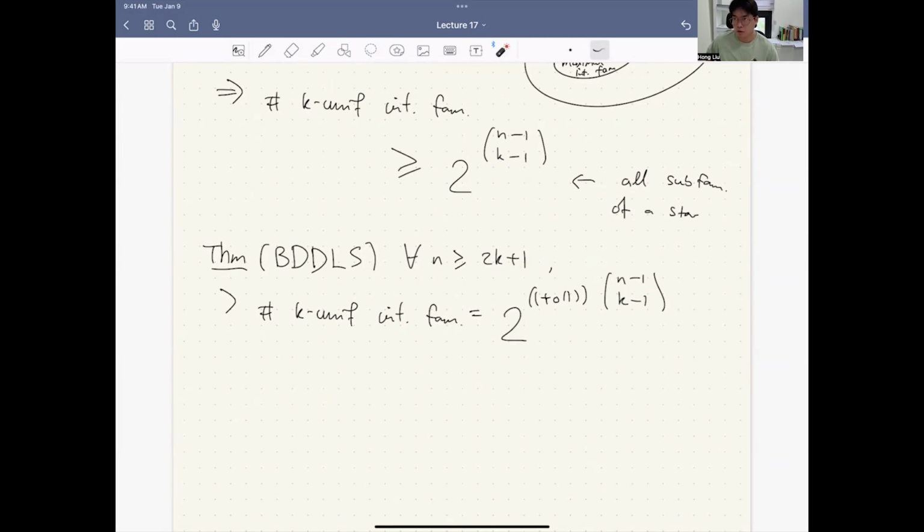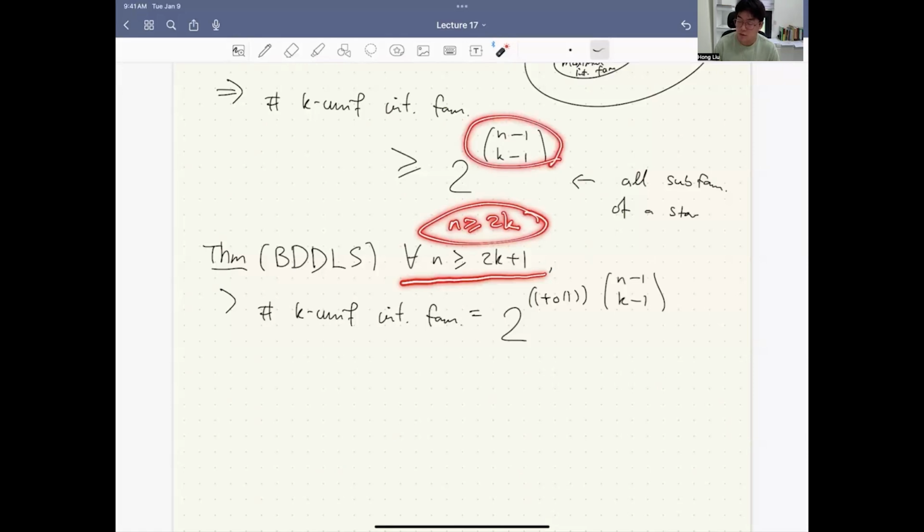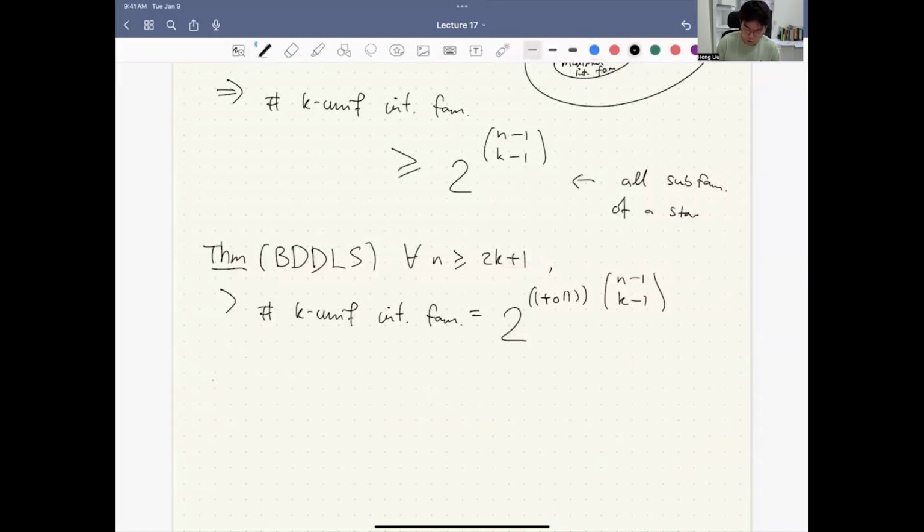If you're careful, you might notice that in Erdős-Ko-Rado, we only require n at least 2k, where we have this maximum upper bound. But here we require plus 1. This is actually needed and optimal. It is no longer true otherwise. Remark: n bigger than 2k plus 1 is optimal.